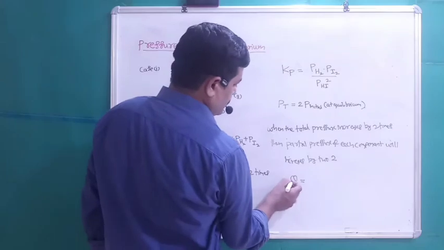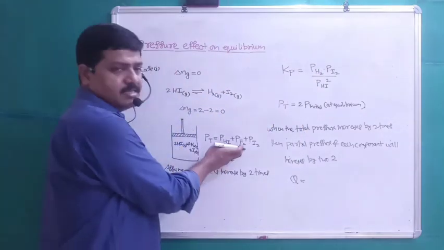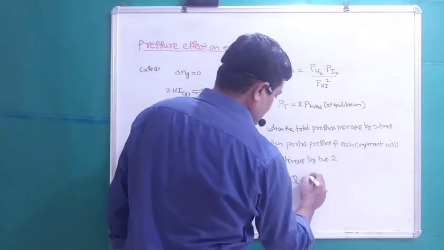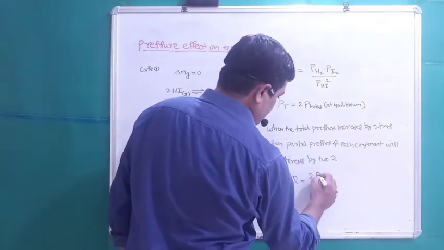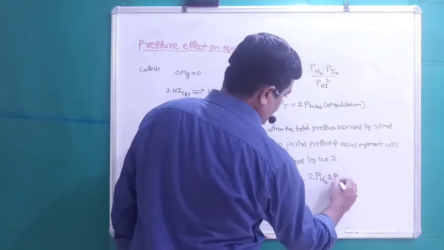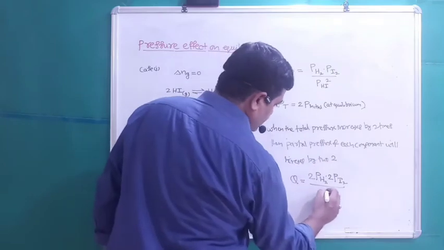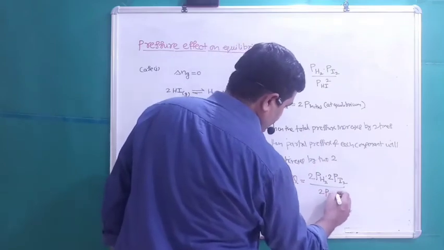So Q is equal to partial pressure of H2 increased by 2 times, that is 2 PH2, multiplied by 2 PI2, divided by 2 PHI whole square.